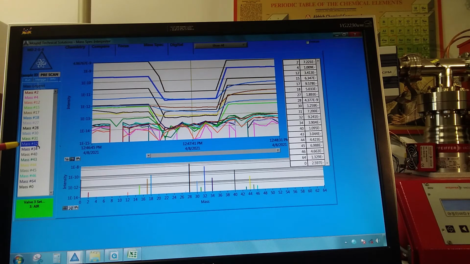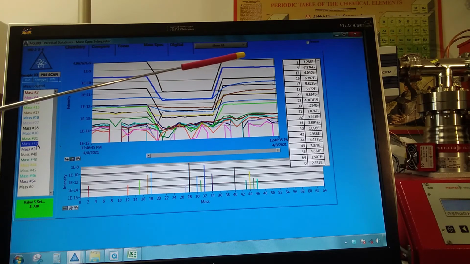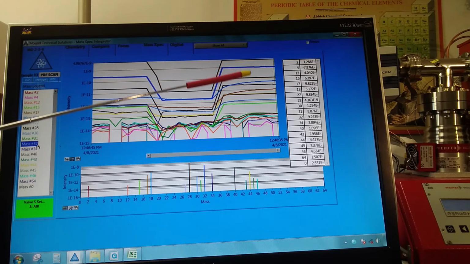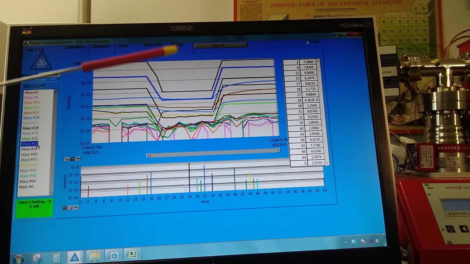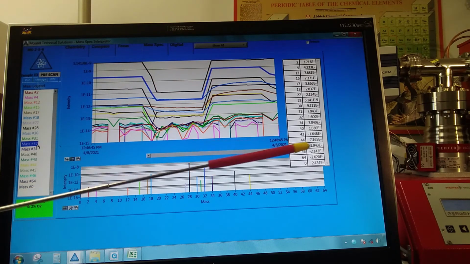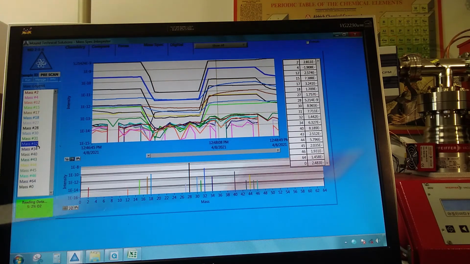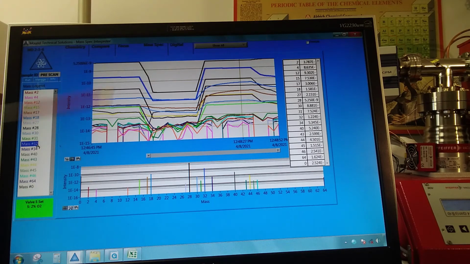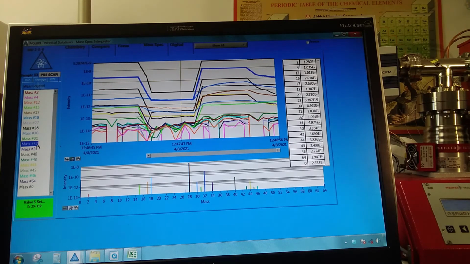The blue trace is associated with mass 32, which is our oxygen component. And then below that, we'll have some other components which will vary depending upon whether we're sampling room air or the cylinder gases, as we'll talk about in a moment. So this is all very good data, but we can present it in a much more intuitive way.